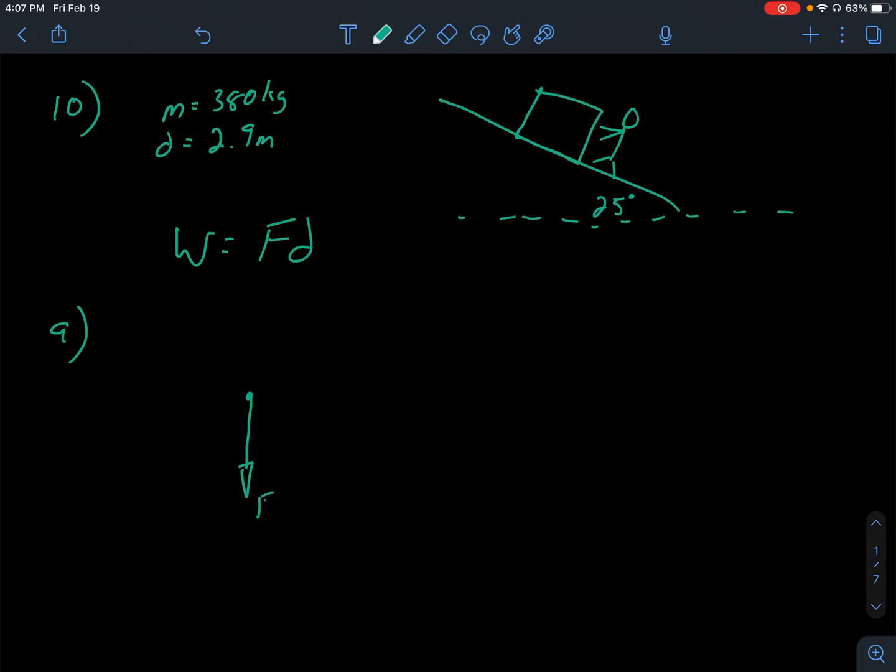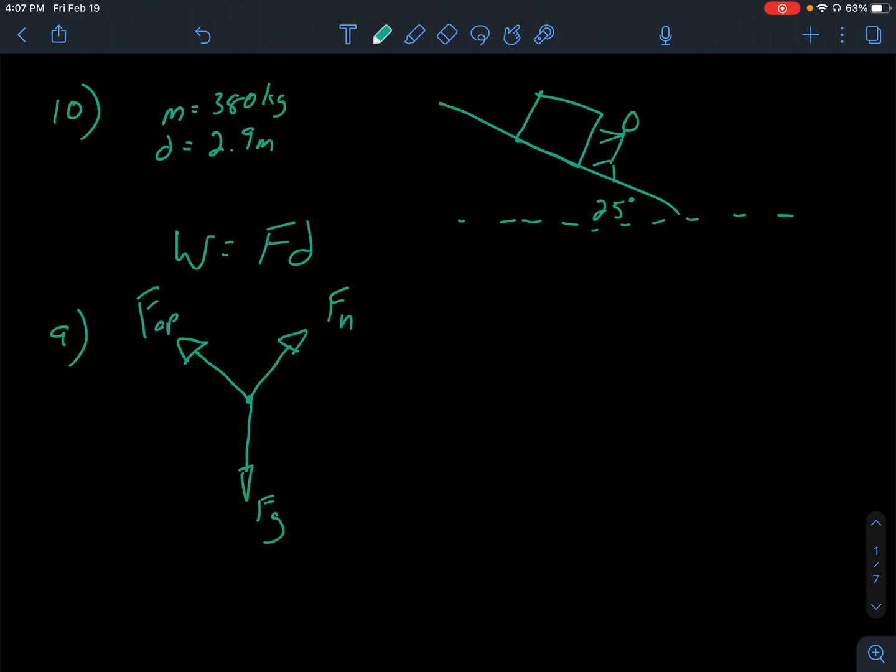So we have the force due to gravity of the piano. We have the normal force from the ramp acting on the piano. And then we have the applied force by the man, this is not friction. Cool, so those are all of our real forces.